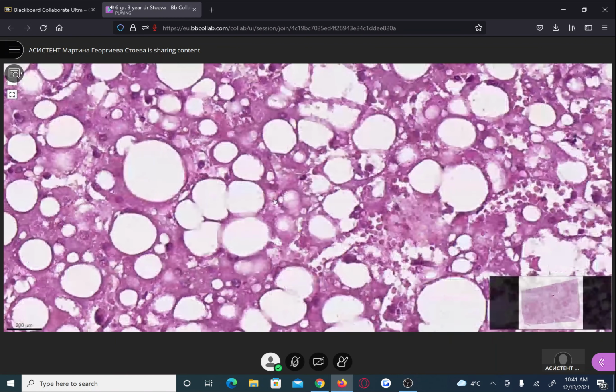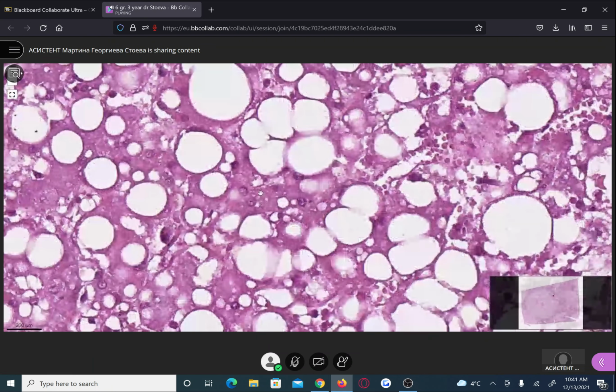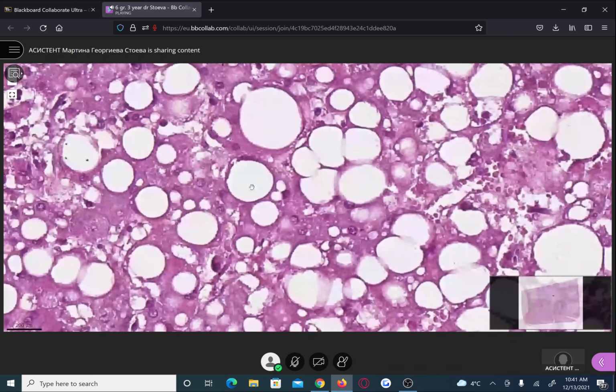Here again we have one hepatocyte with 1, 2, 3 lipid vacuoles in the cytoplasm. This is microvesicular. The other variant is macrovesicular, and in this case we see only one large lipid vacuole pressing the nucleus to the peripheral portion of the cell.